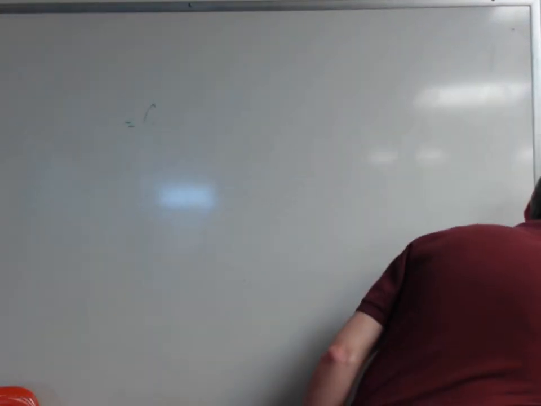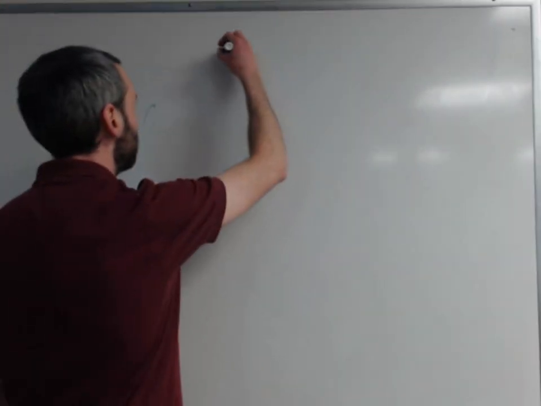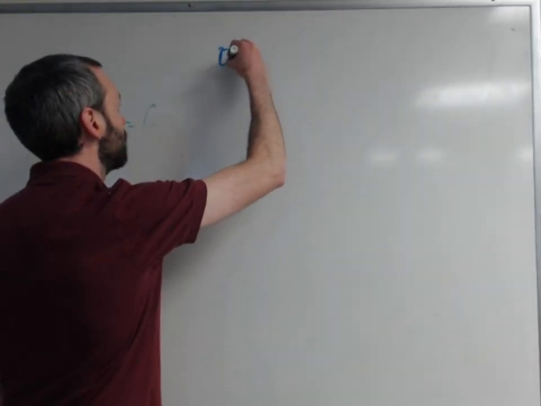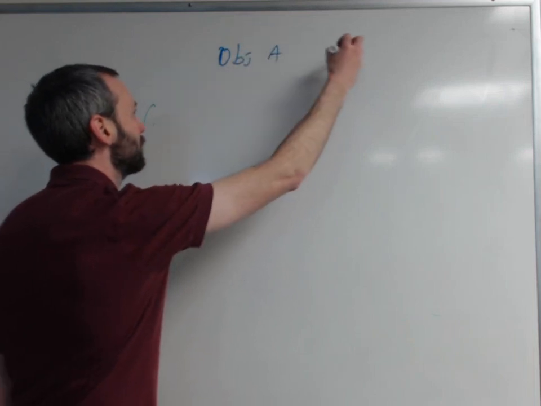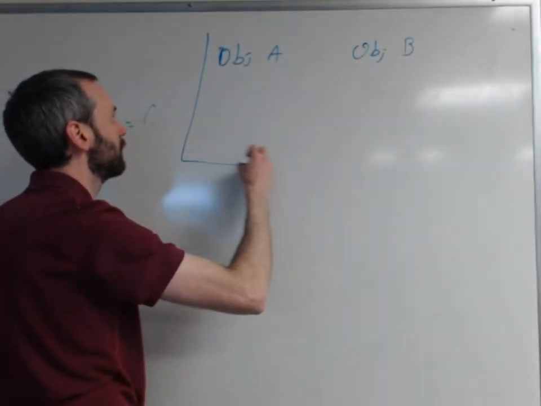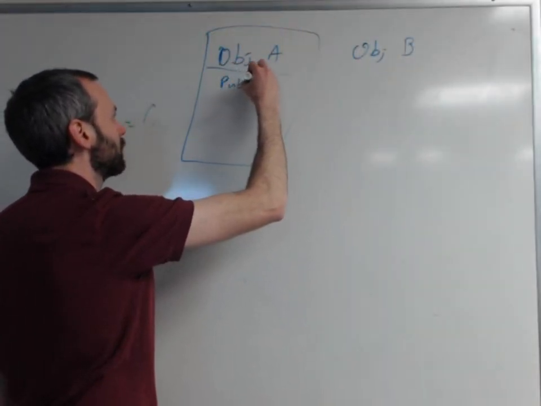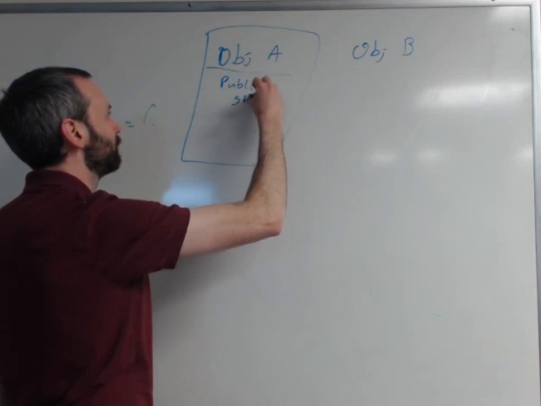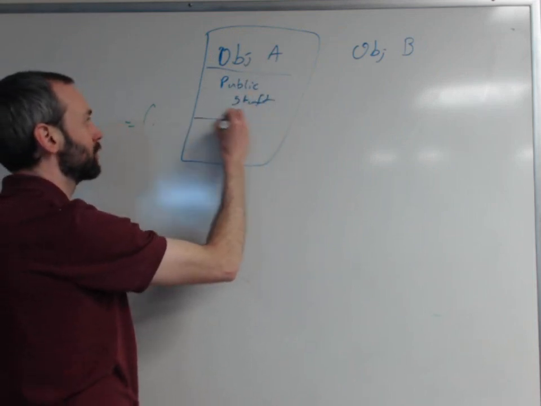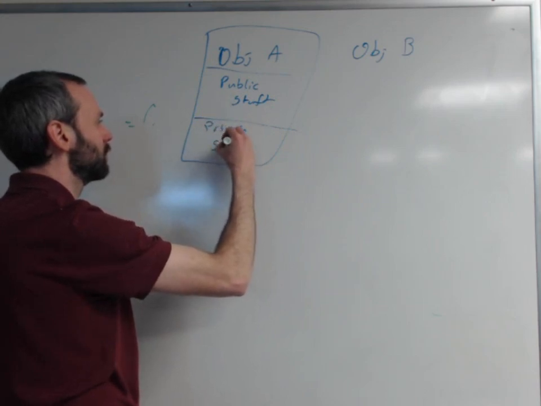All right. So, we'll just say you have object A and object B for lack of names right now. And of course you have public stuff, good old technical term, and then private as well.